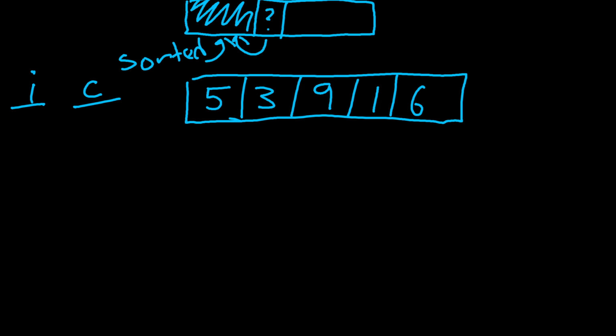Put C for the current value. We're going to essentially copy values out of the array, put them there, and put them back. And of course, there are some little adjustments you can make to reduce the number of operations involved. I'm trying to keep this as clear as possible.